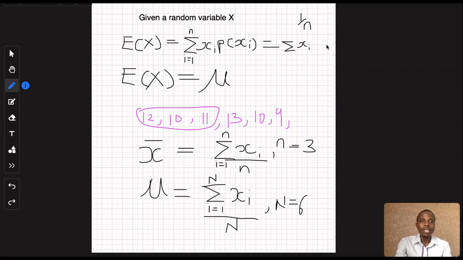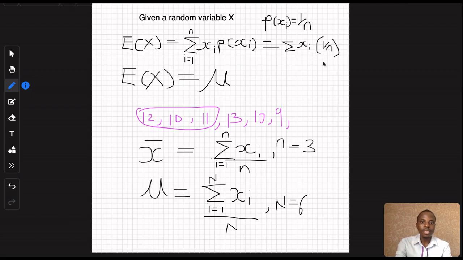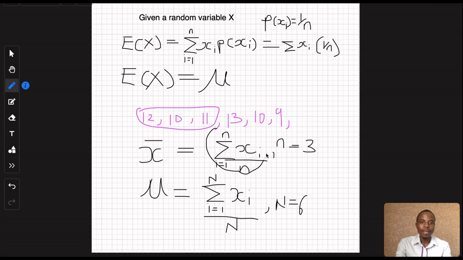It means that if the outcomes are equally likely, the probability of xi in all cases will be the same, and that will be 1 over n. And that will make this become what we have here, because when you put 1 over n here, it will be the same thing as what we have here.